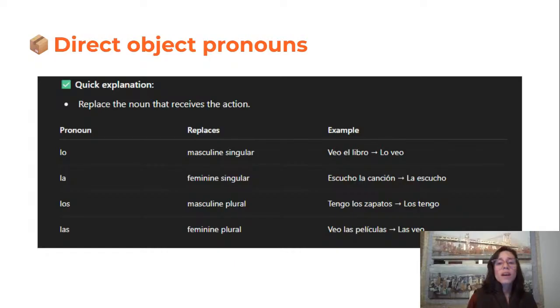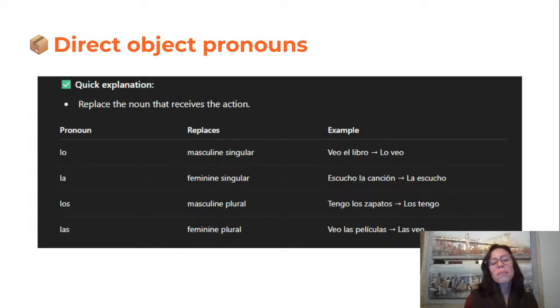Now, when it comes to the song, escucho la canción. I listen to the song. I listen to it. La escucho. Backwards compared to English. Now, when it comes to los and las, this is "them". Los will be masculine plural and las is feminine plural.